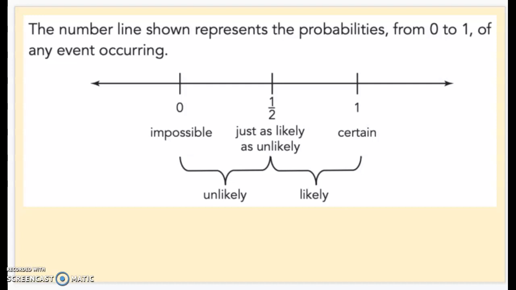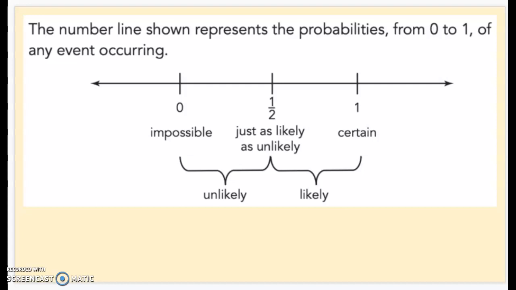Okay, we know that there are lots of probabilities in between 0 and 1. On the number line, they show the probability of 1/2, and they have labeled that probability to describe an event that is just as likely as it is unlikely. So basically, it's like that event has a 50-50 chance of happening.